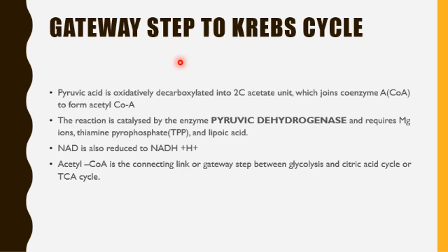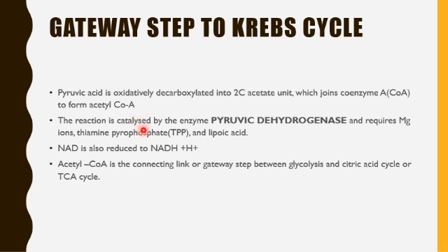Gateway step to the Krebs cycle. This is an important step, how the pyruvic acid enters into the mitochondria. Pyruvic acid is oxidatively decarboxylated into a 2-carbon acetate unit which joins coenzyme A to form acetyl CoA.